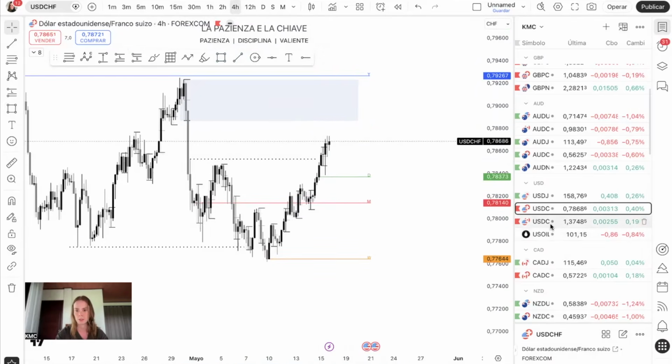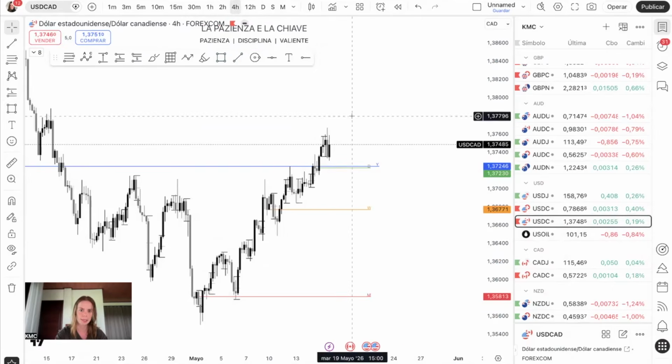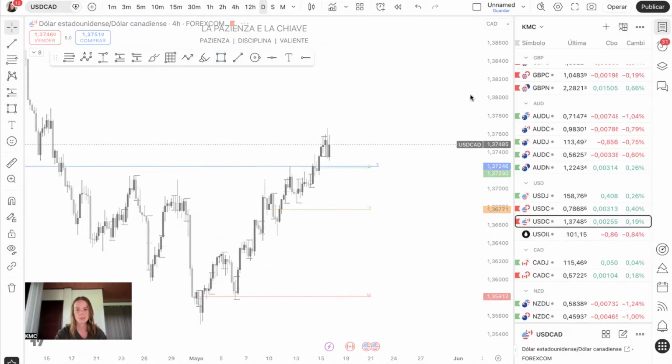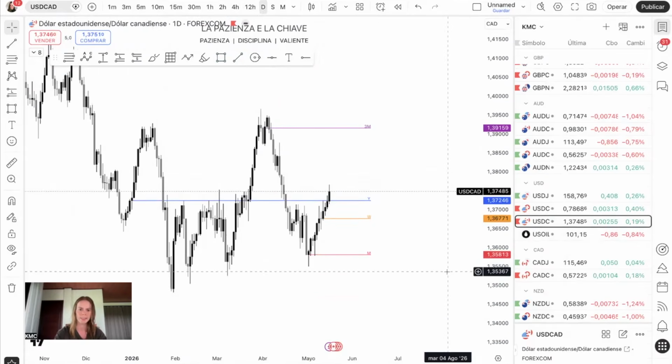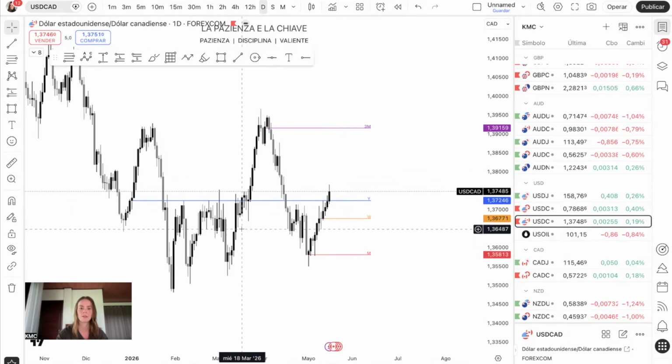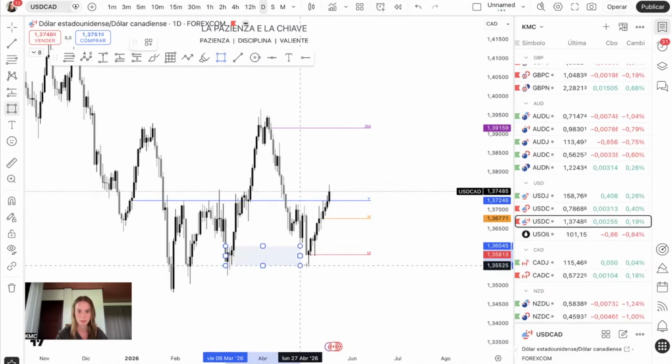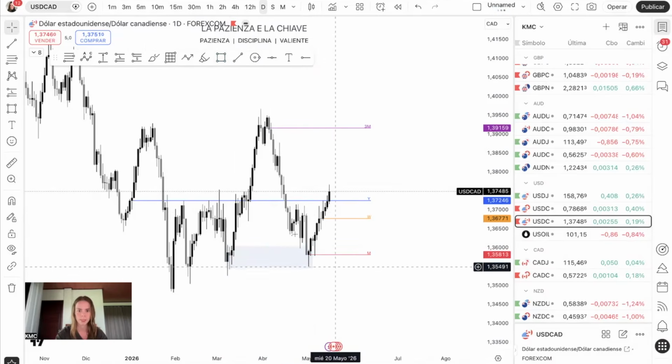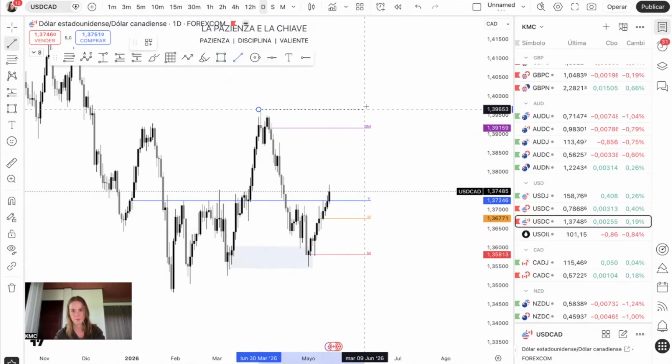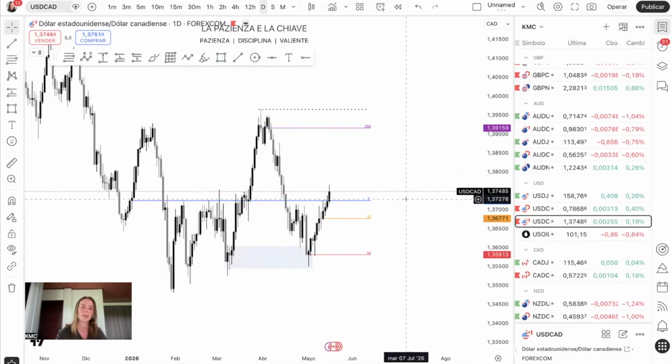And going on with USD CAD, it is as well trending up higher. If you look at this, it's obvious that we're trending up higher because this is a demand zone that we tapped into, and we are now going to look for a break of structure to the upside.